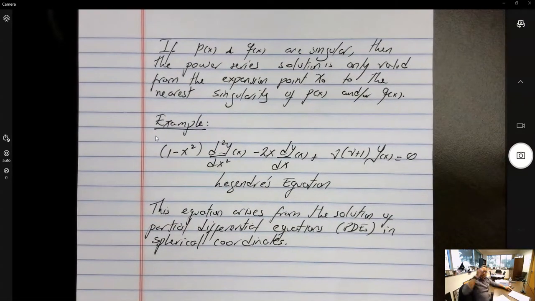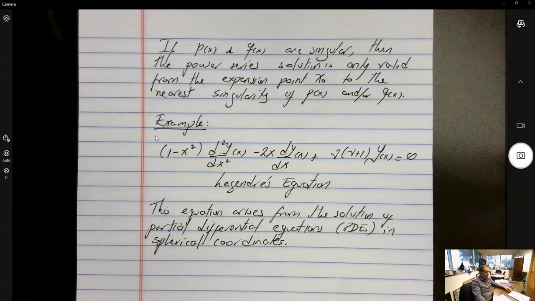When you're trying to solve partial differential equations in spherical coordinates, you do something called separation of variables. So you break up the equation into the different independent variables, r, theta, and phi, and then you do a transformation in one of those dimensions, and you end up with an ODE that looks like this. And that's why this equation is so relevant, because obviously the solution of PDEs in spherical coordinates is very important.